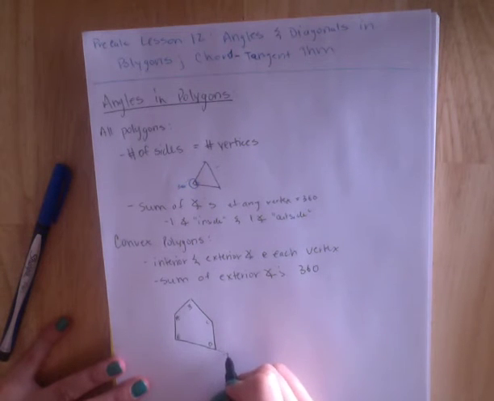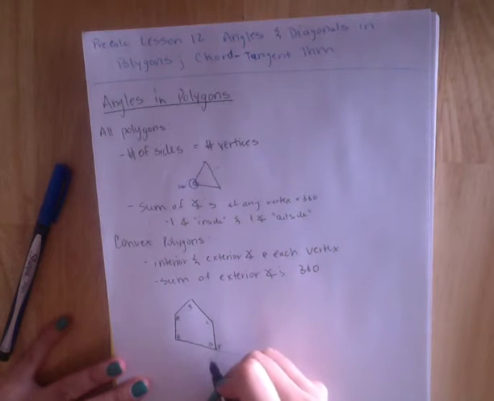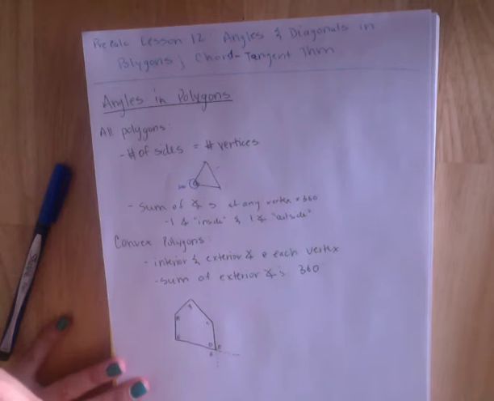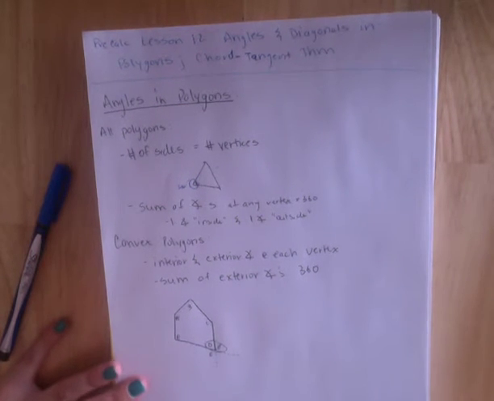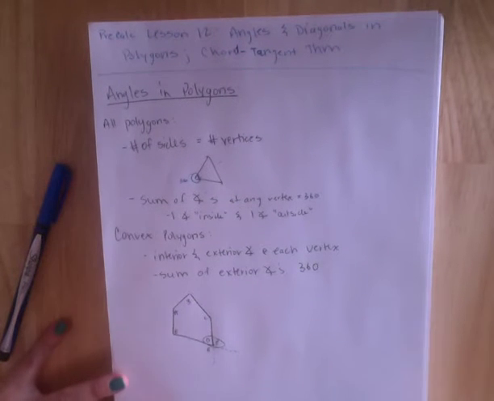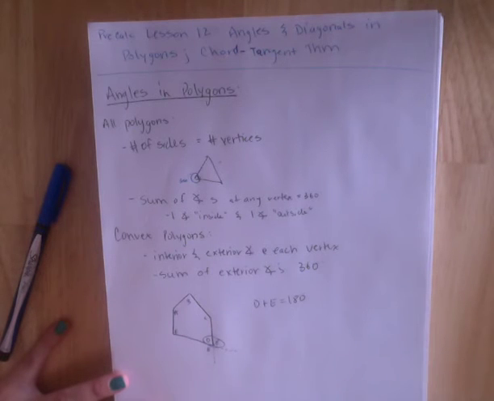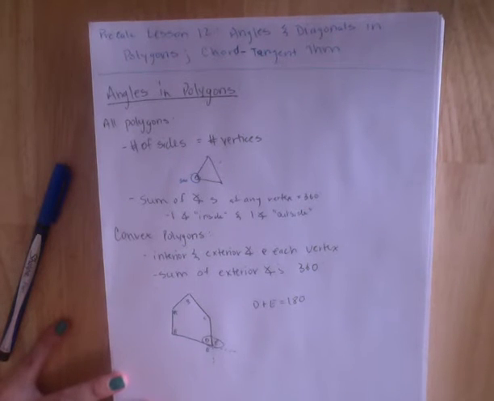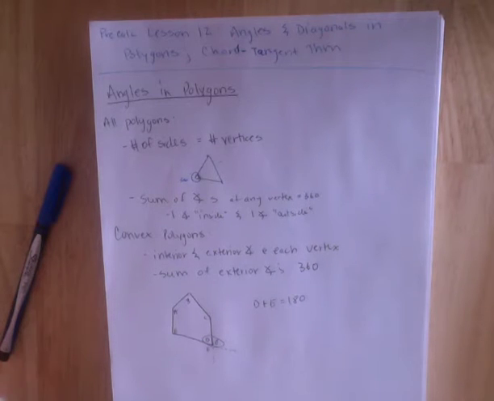Now if I continue each of these lines, I have exterior angles here and here, right? And I know that there's a straight angle made right there, D and E, which means that D plus E is 180. Okay, and that would be the same thing over there.